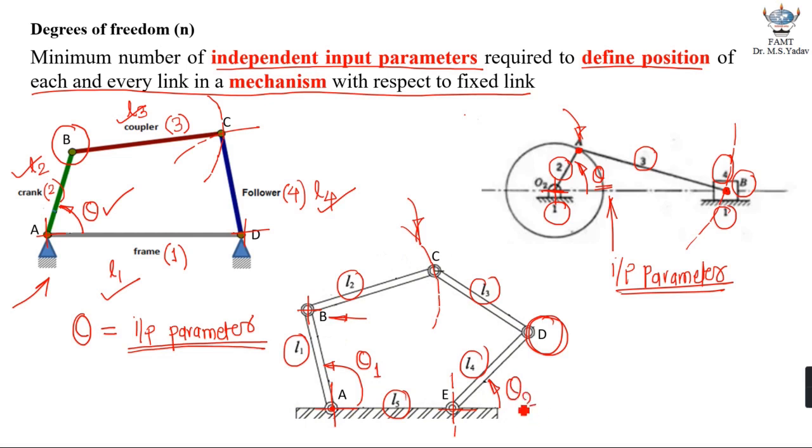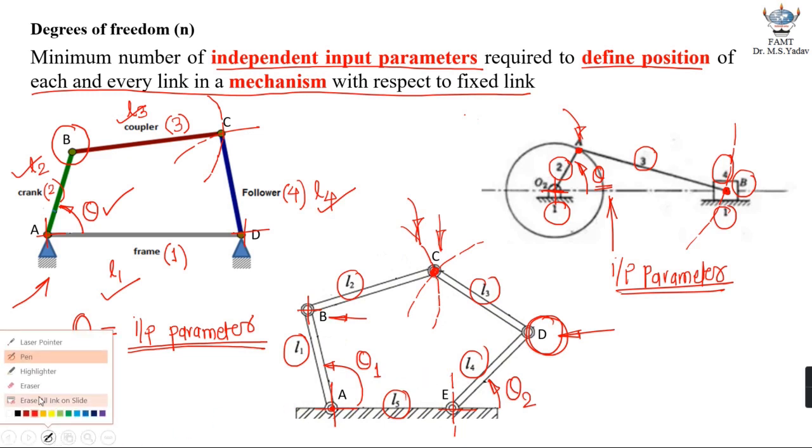So by knowing L4 and theta 2, it is easy for me to locate point D. Once I get point D, with D at center and DC as radius, I will be drawing one more arc, and then the intersection of both arcs will give me point C. So with this, it is possible for me to complete this particular diagram. Now if you notice, in this particular configuration, two independent input parameters are required.